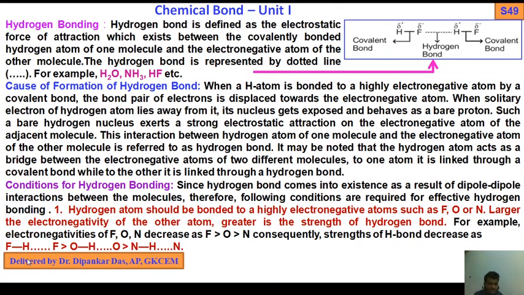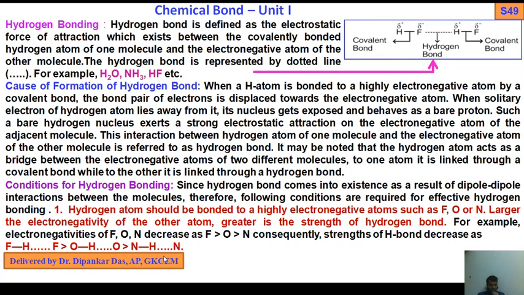So F-H greater than O-H greater than N-H. This hydrogen bonded with fluorine will have more strength. Then this hydrogen, which is already attached to oxygen, forms a hydrogen bond with oxygen, with less strength than this.